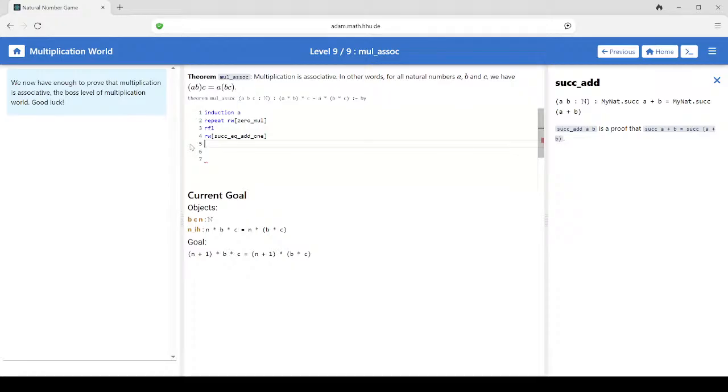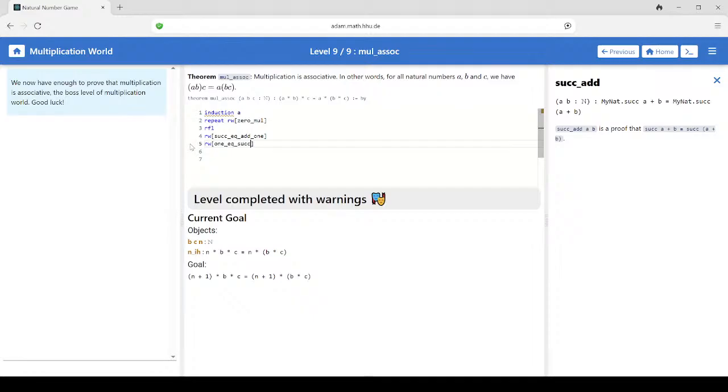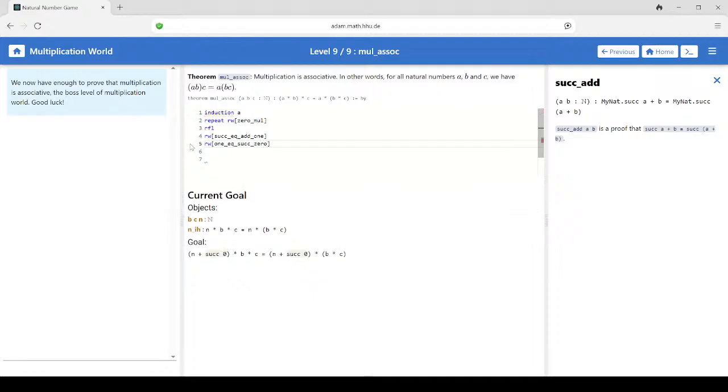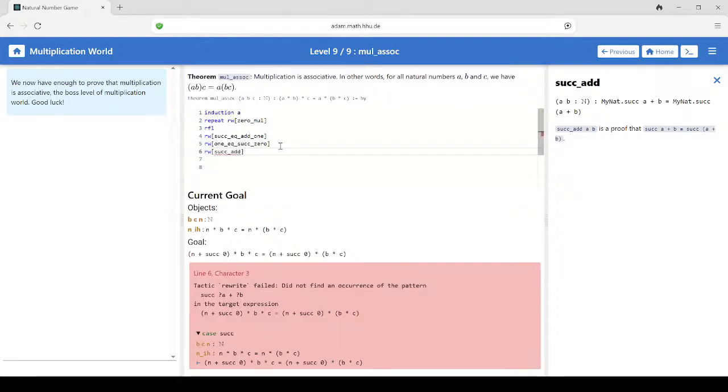Wait, let me think. What am I doing? We can turn 1 equals the successor of 0. So that's something. And then we can, no, the successor.